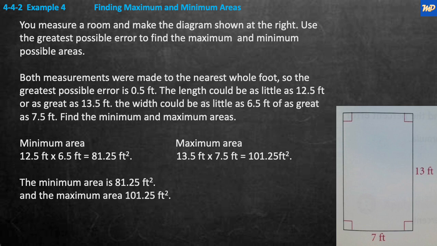So the minimum area is 81.25 square feet, and the maximum area is 101.25 square feet. And the actual measurement of 7 by 13 will fit somewhere in the middle there.